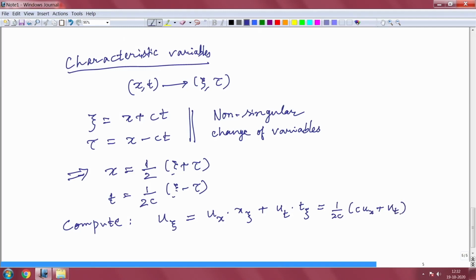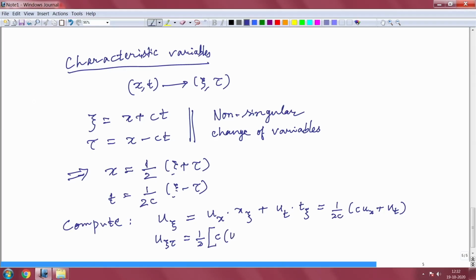Now you differentiate with respect to tau. So, u xi tau: 1 by 2c is a constant, and now I have to differentiate u x with respect to tau.